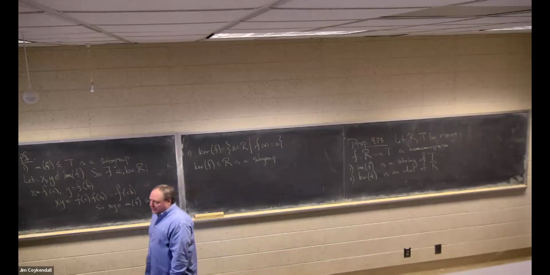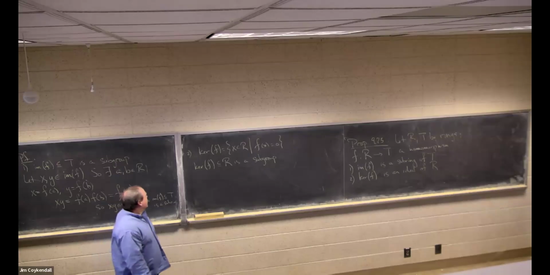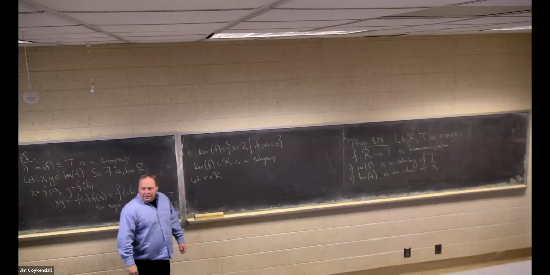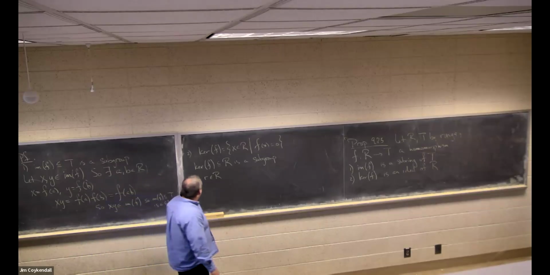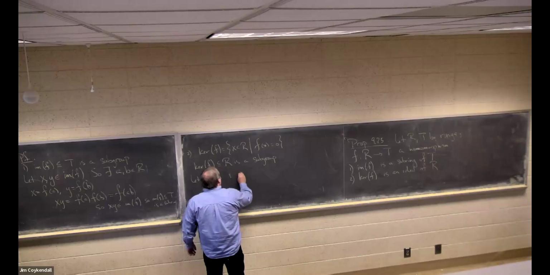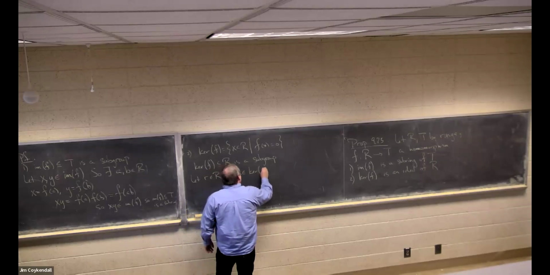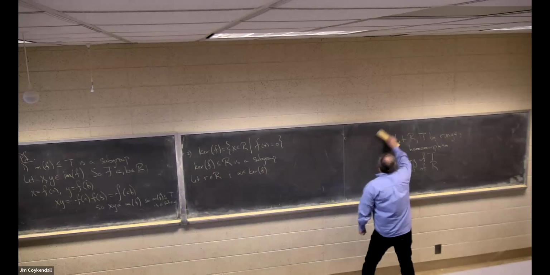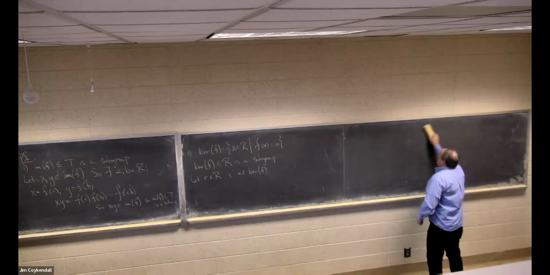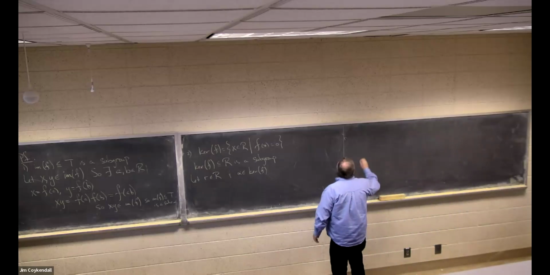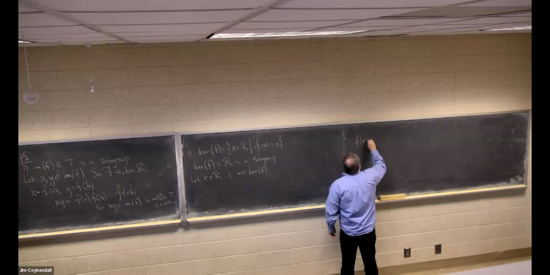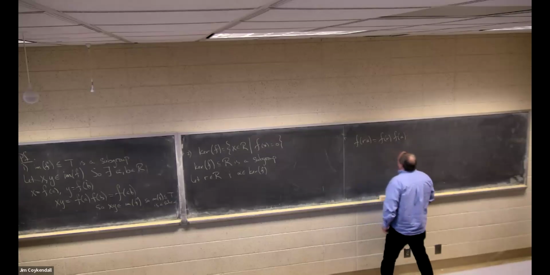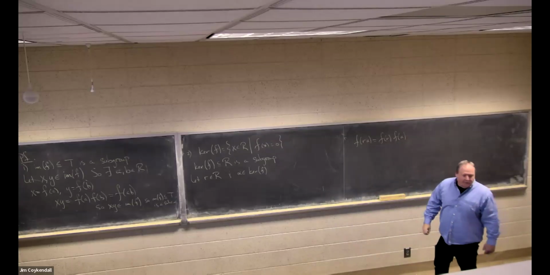Now I need to show that this subgroup in fact sucks. So let r be in R and alpha in the kernel of f. Notice that f of r alpha is f of r times f of alpha, because this is a homomorphism.